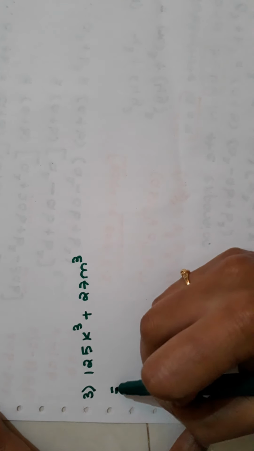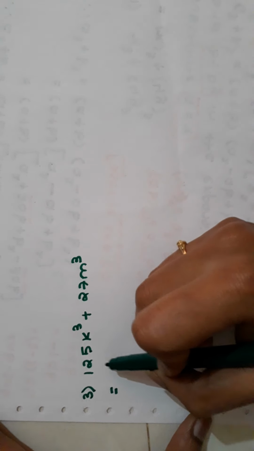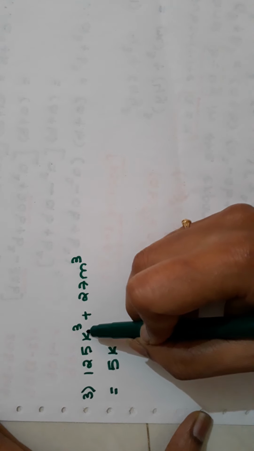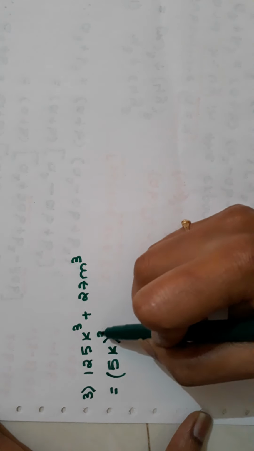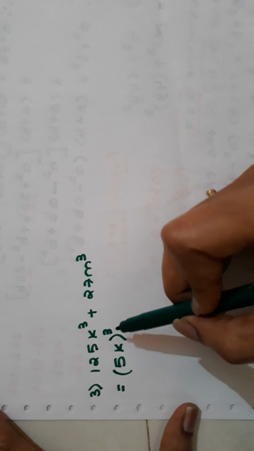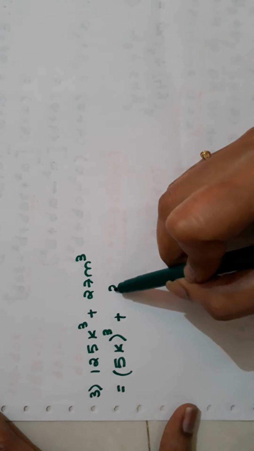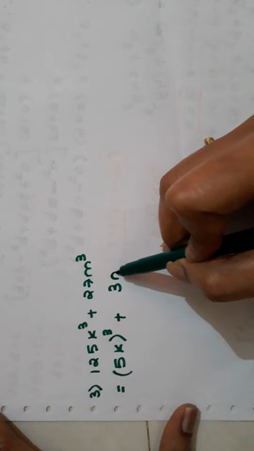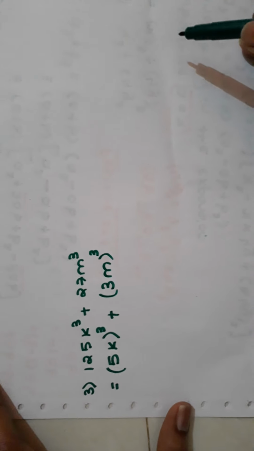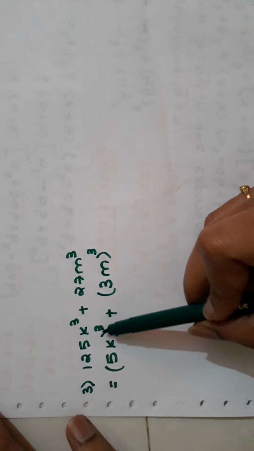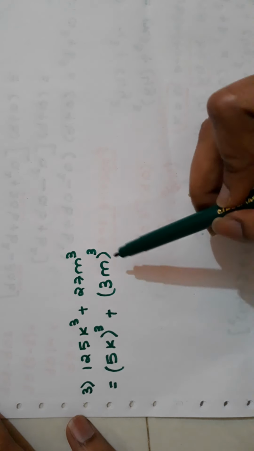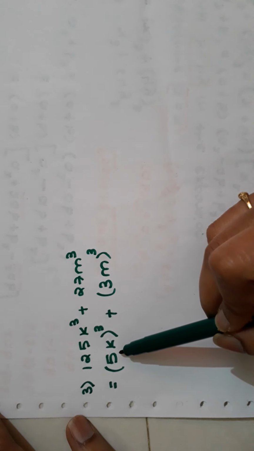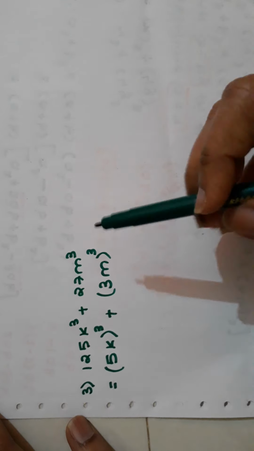So first write it in the form a cube plus b cube. 5 cube is 125 and k cube is k cube, put a bracket and cube outside, plus 3 cube is 27 and m cube is m cube. (5k) the whole cube is 125k cube by law of indices. (3m) the whole cube is 27m cube by law of indices. So now a is 5k and b is 3m.